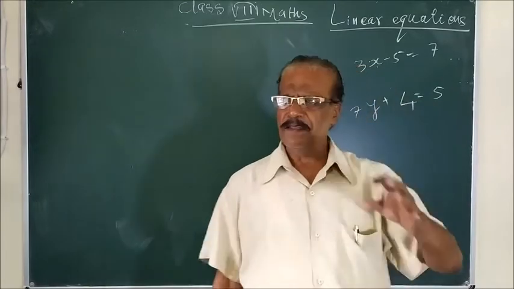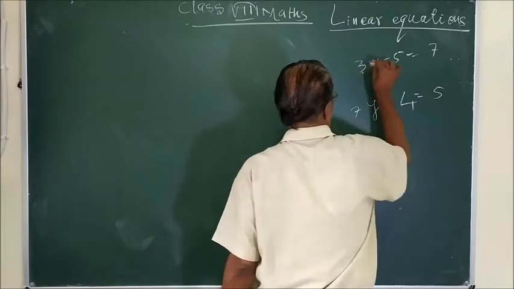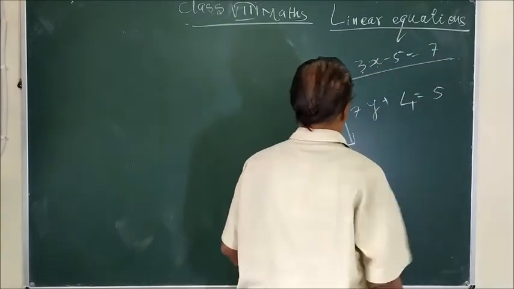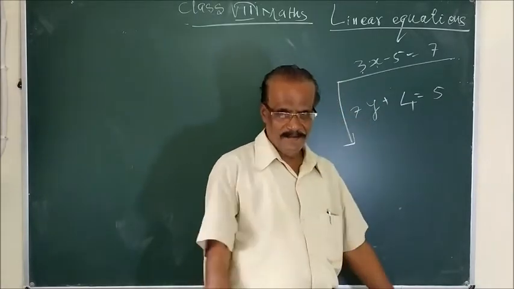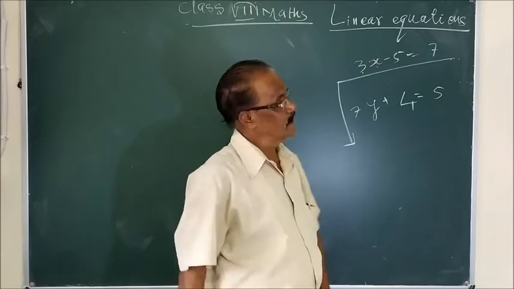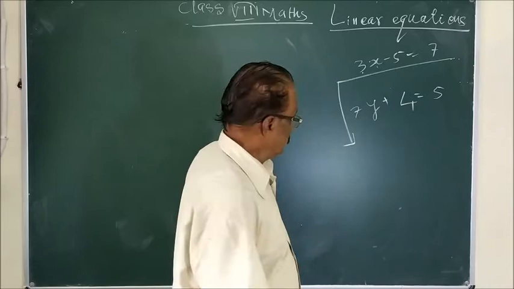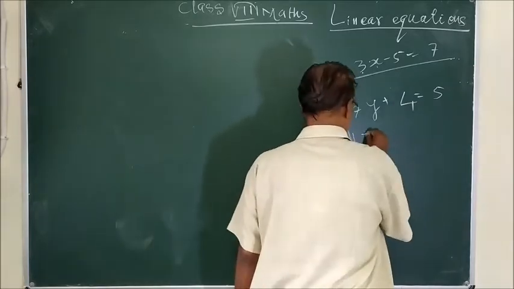So you have to find the value of it. Suppose इसी में हम बोले कि 3x minus 5 is equal to 7. Now if I ask you to solve the equation, it means find the value of x. So I am going to explain the methods. Two methods.